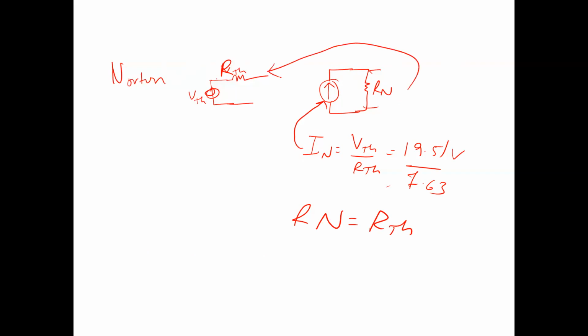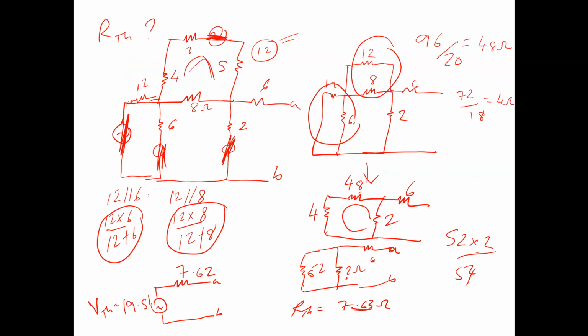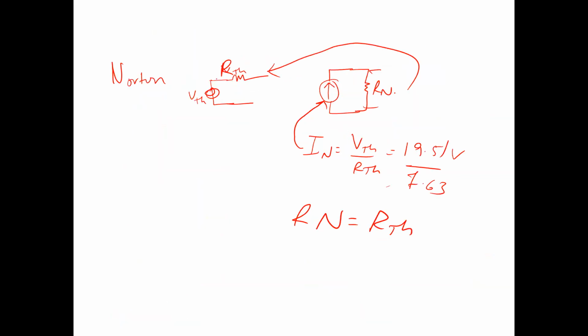Okay, so R Thevenin is 7.63 ohm. Rn is equal to R Thevenin, which is 7.63 ohm, and Norton current is then 19.51 divided by 7.63 ohm. Okay.